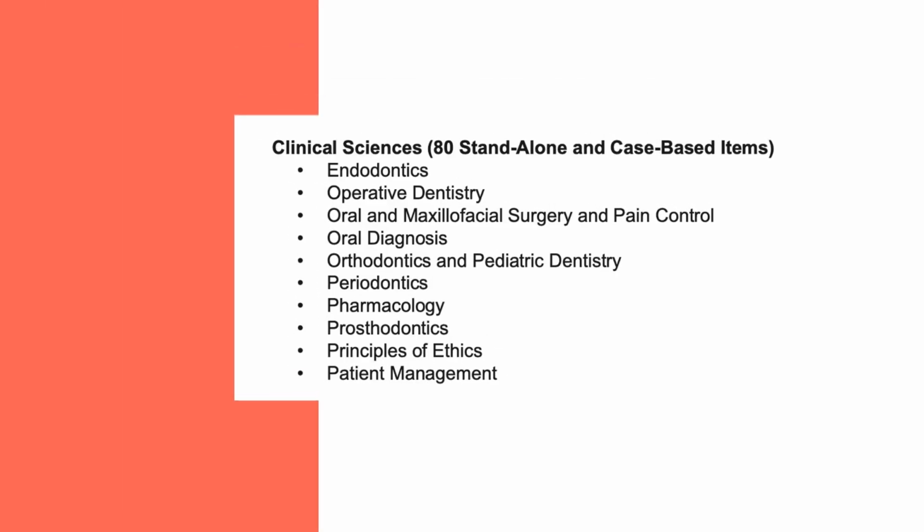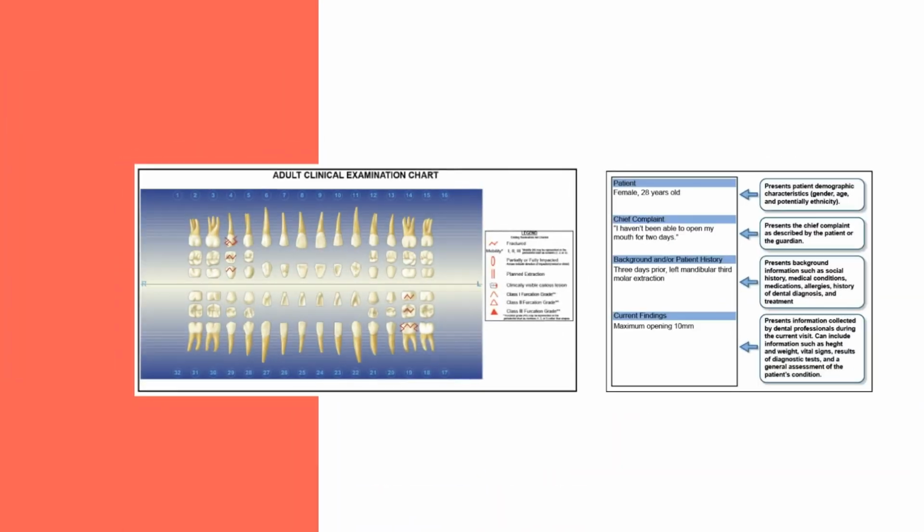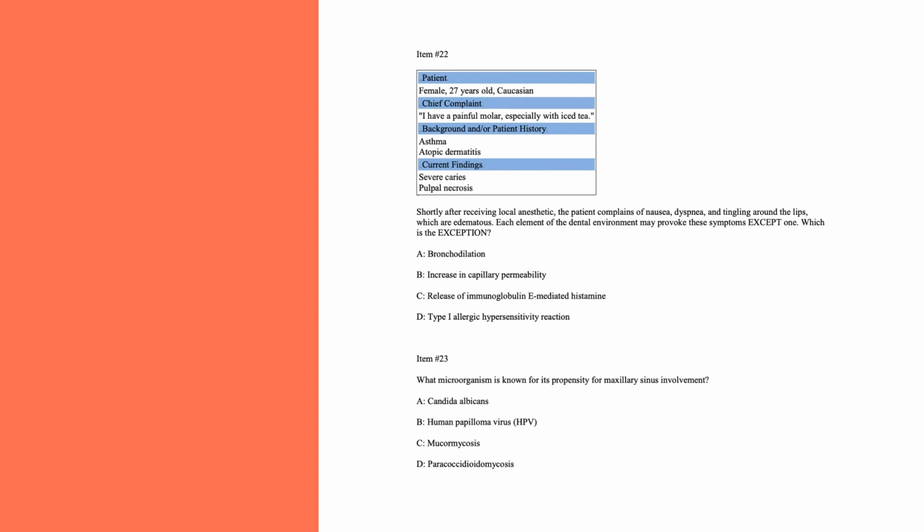As for the clinical sciences section, they can be standalone MCQs or patient case-based questions. For example, you get a patient chart and the dental chart of the patient, or you get some medical history, and then you get a series of questions on that case and you have to choose the right answers for that. So you're gonna face standalone questions and case-based questions.